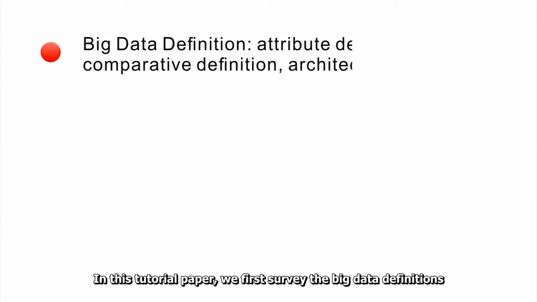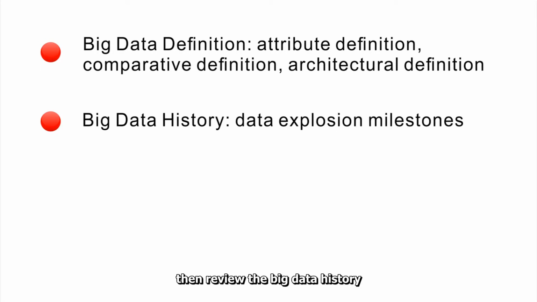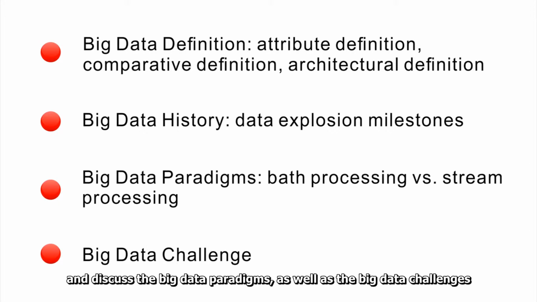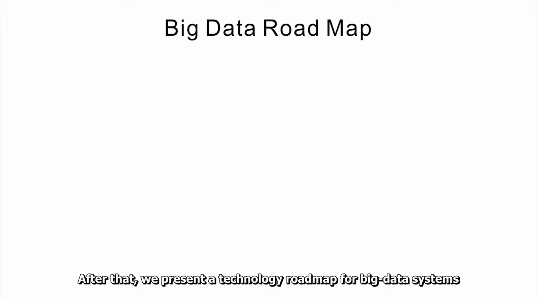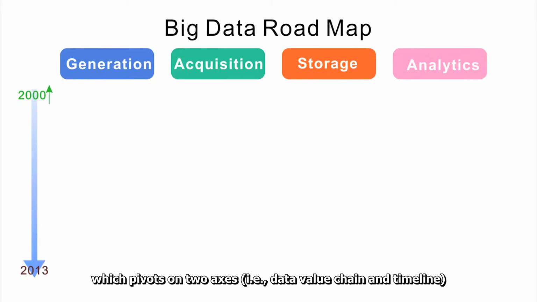In this tutorial paper, we first surveyed the big data definitions, including attribute definition, comparative definition, and architectural definition, and then reviewed the big data history, and then discussed the big data paradigms, as well as the big data challenges. After that, we present a technology roadmap for big data systems, which pivots on 2 axes, i.e. data value chain and timeline.